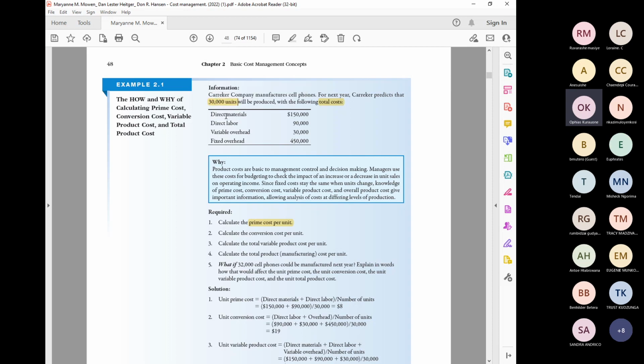Because direct material is the cost of 30,000 units. 150,000 is the cost of 30,000 units. 90,000 is the cost of 30,000 units. So it is very important for you to make sure that you understand the question. So if you add this one, it's $8 per what? Per unit.